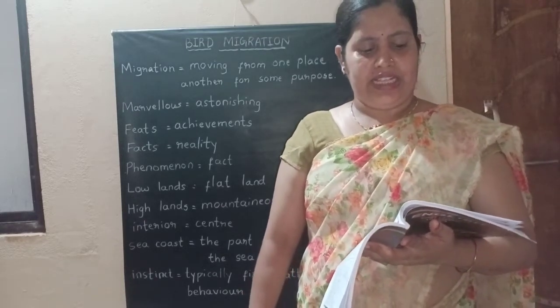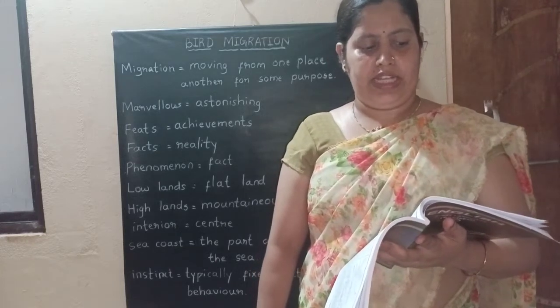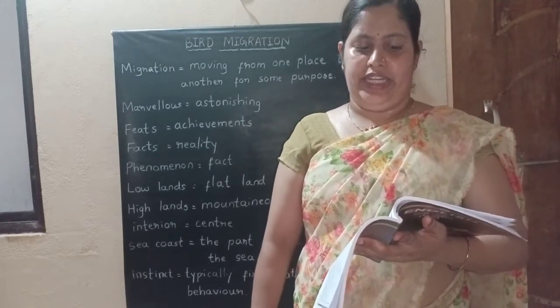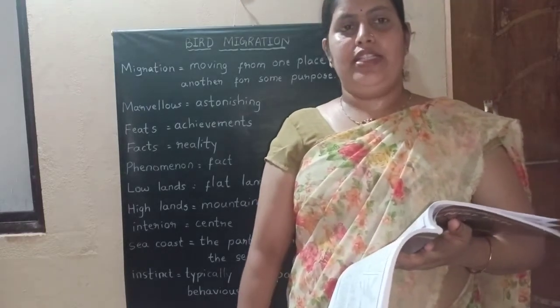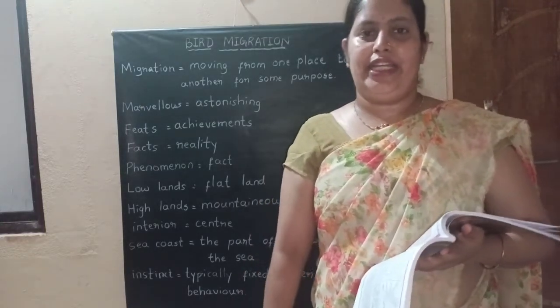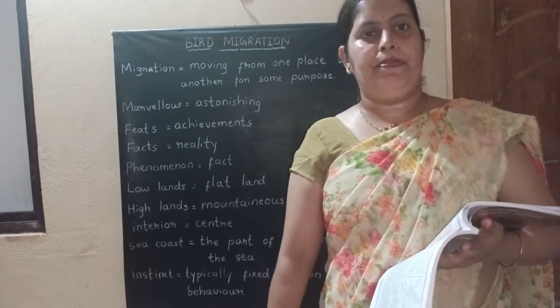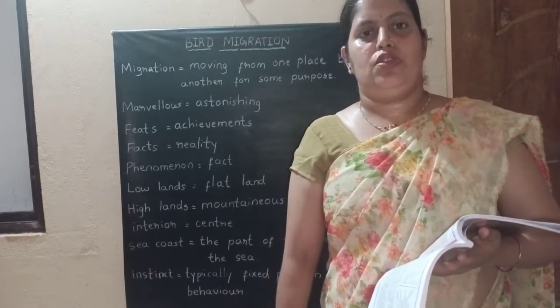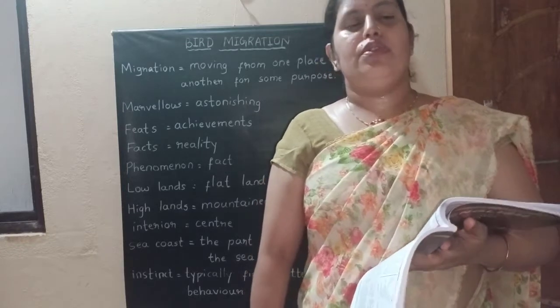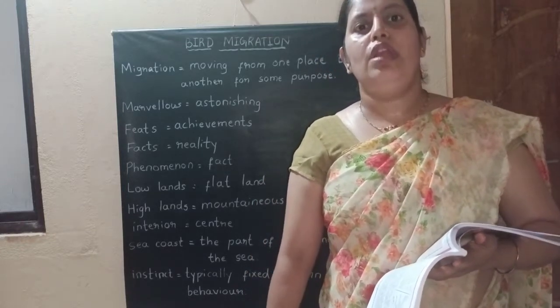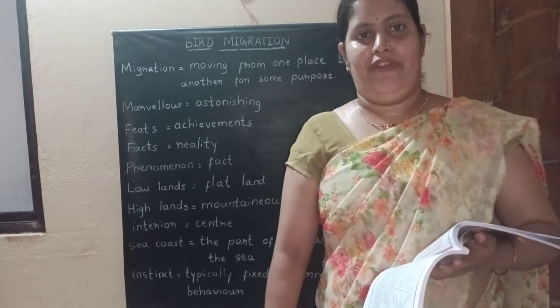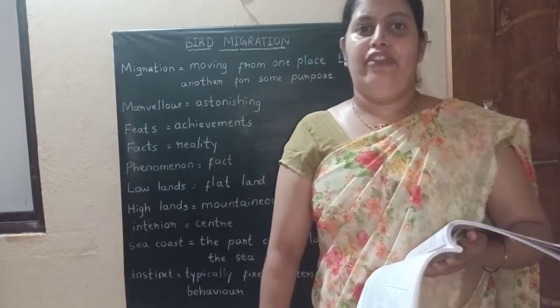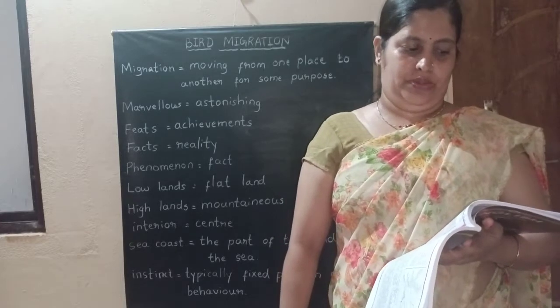Okay, when the climate is not suitable for them to survive in their native lands, in their birthplace, means to live, then what they will do? Then they will migrate to different places for food and shelter, students.